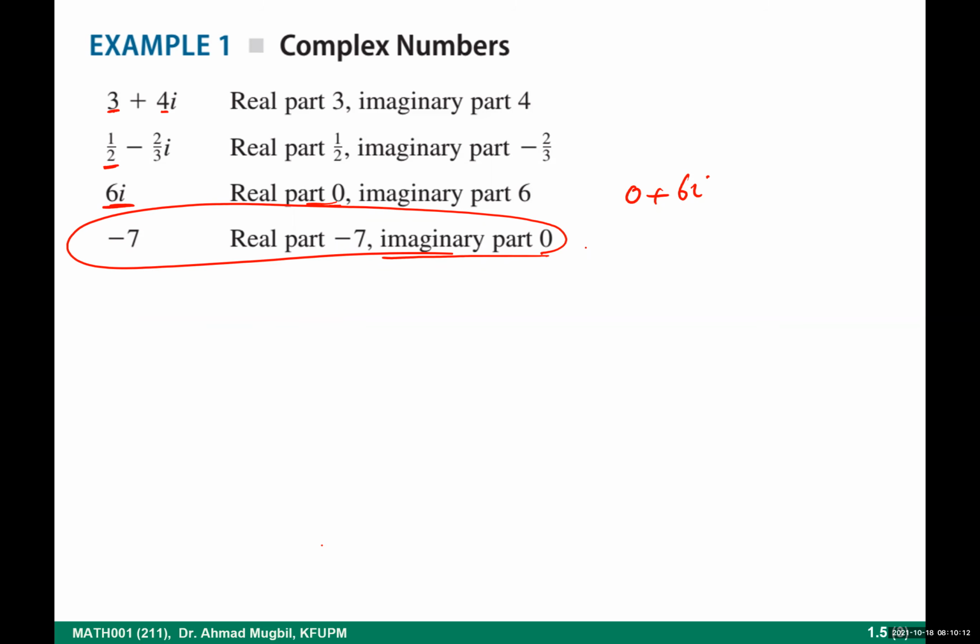And this is, of course, what we did, ya Shabab, with numbers. Do you remember the story of numbers? We started with natural, then whole numbers, then integers, then rational and irrational, and then real. In the system of real numbers, we cannot solve an equation like x squared plus 1 equals 0. It has no real solution. But in the complex number system, every polynomial equation of degree n, whatever n is, has a complex solution.